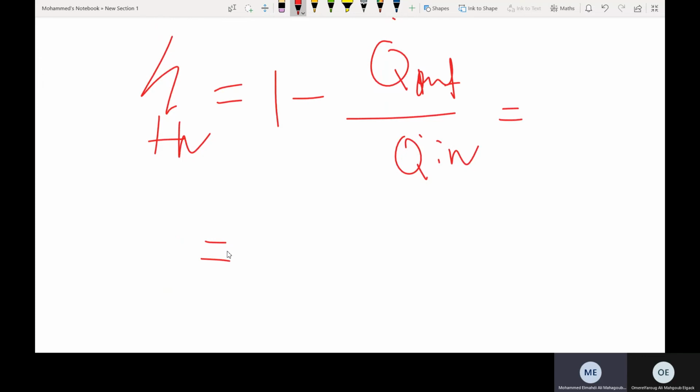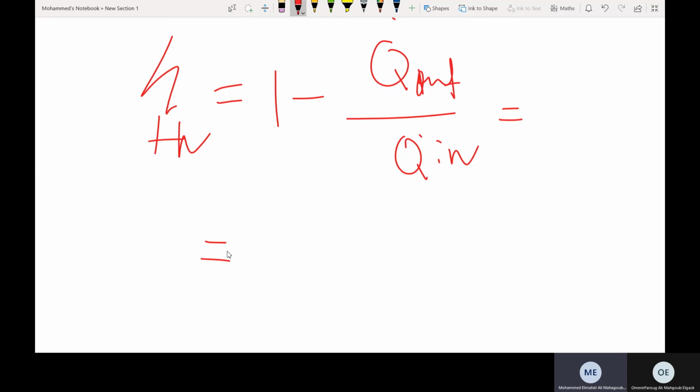You can use a direct equation to calculate the cold air efficiency of the cycle, because this is a cold air cycle, remember? So you can use a direct equation for the cold air efficiency of the regenerative cycle.